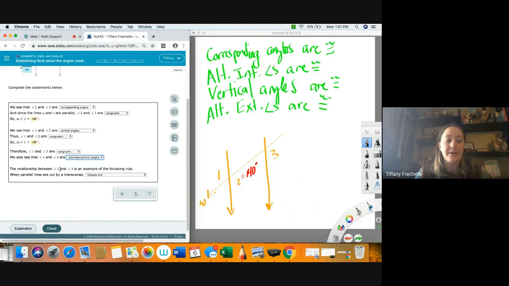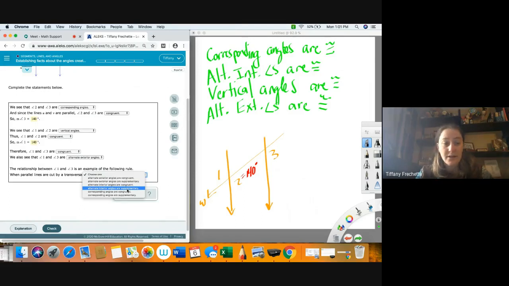So that's their name. The relationship between 1 and 3 is an example of the following rule: when parallel lines are cut by a transversal, and we just have to choose, it says alternate exterior angles are congruent, alternate exterior angles are supplementary. That's never true. Alternate interior angles are congruent. That's true, but it's not the case. Alternate interior angles are supplementary.